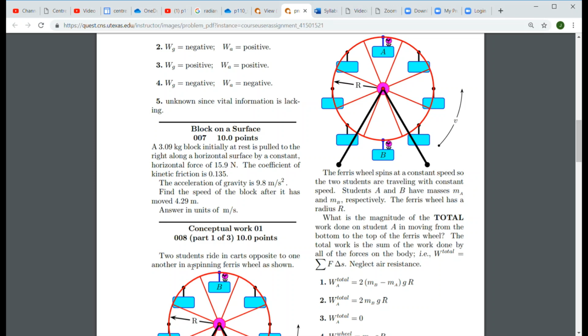and so the net work done by all forces on it is equal to the change in kinetic energy of the system.